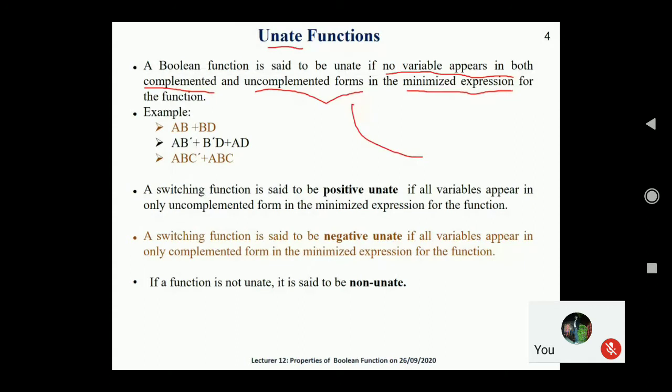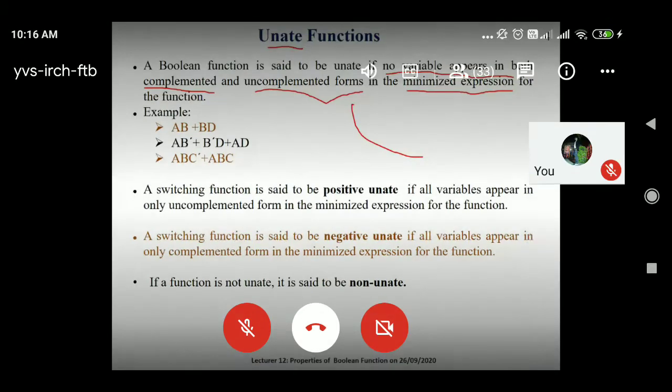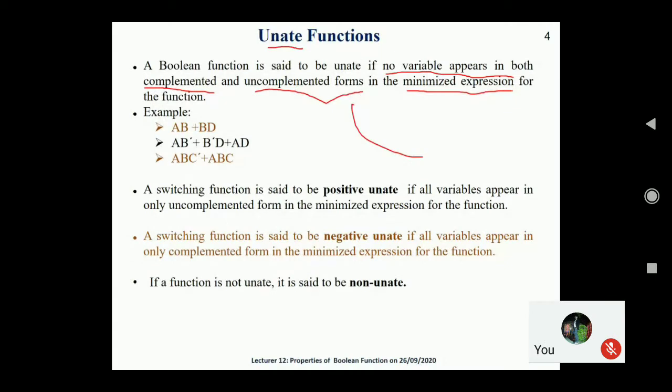So very carefully read the definition. A Boolean function is said to be unit if no variable appears in both complement and uncomplement forms in the minimized expression for that particular function.